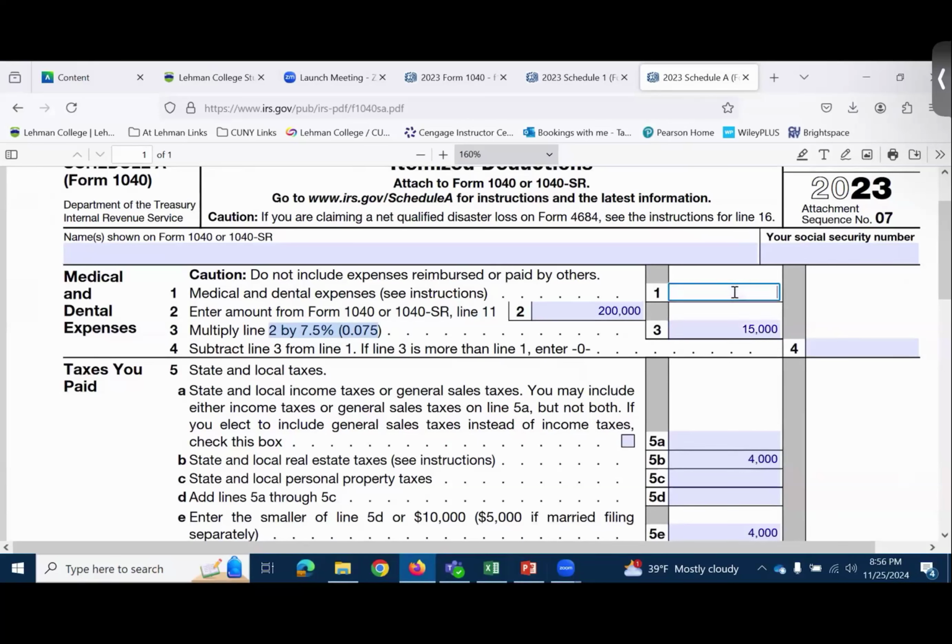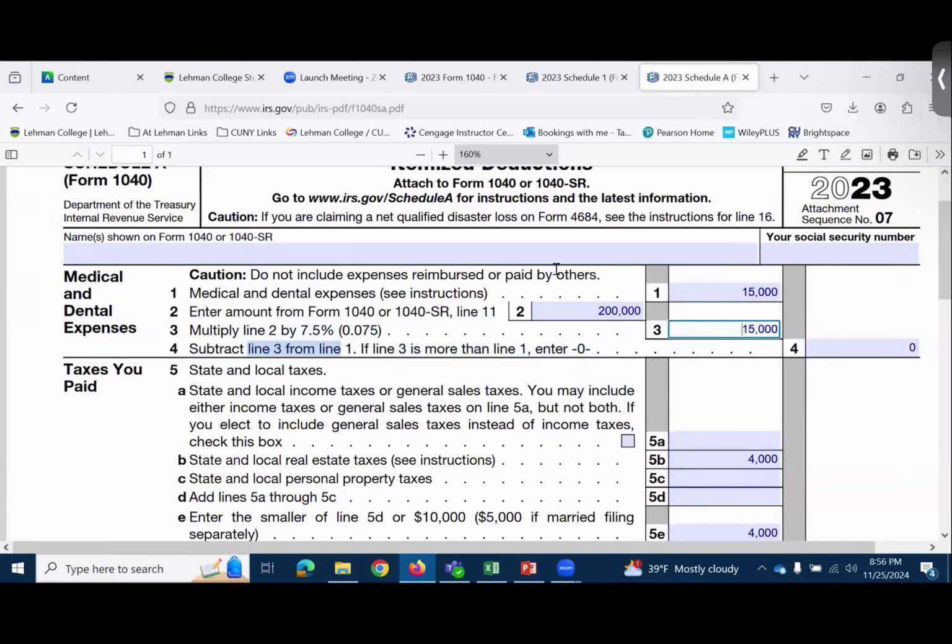So what are their medical expenses? If their medical expenses are $15,000, if line 3 is more than line 1, you enter 0. So you subtract line 3 from line 1. 15 from 15 is 0.